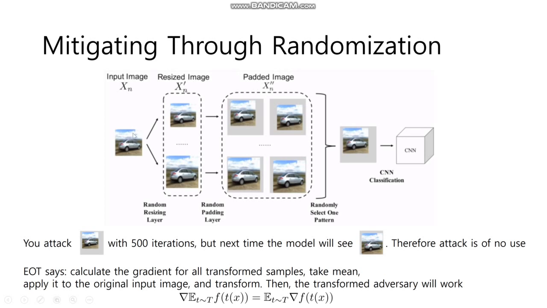So the input image is randomly resized, and after that, we apply random padding. Then we have a whole bunch of transformed inputs, which to our eyes look very similar to the original image. And we select randomly one pattern from this set of images, and then feed that through a neural network.